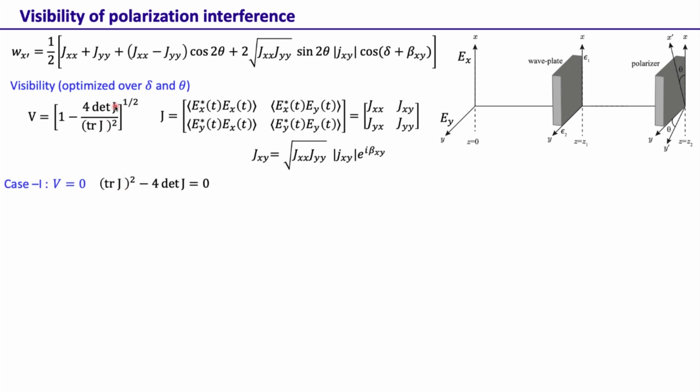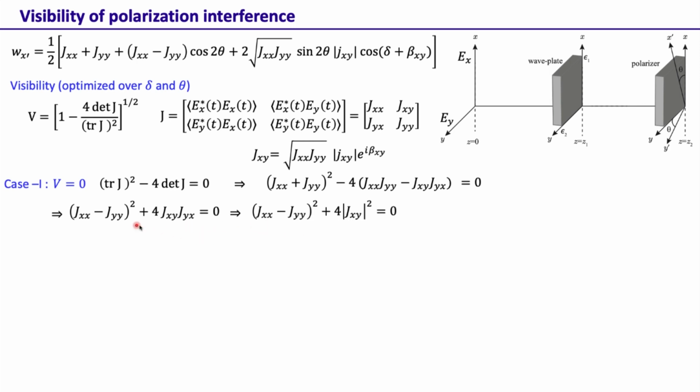This means that the quantity inside the square root is 0, which means that the trace of J squared minus 4 times the determinant of J is 0. This then means that (Jxx plus Jyy) squared minus 4 times (Jxx Jyy minus Jxy Jyx) is 0. If that is 0, then we write (Jxx plus Jyy) squared as (Jxx minus Jyy) squared, and then the extra term gets cancelled from the term over here, the Jxx Jyy, and then we just have this.